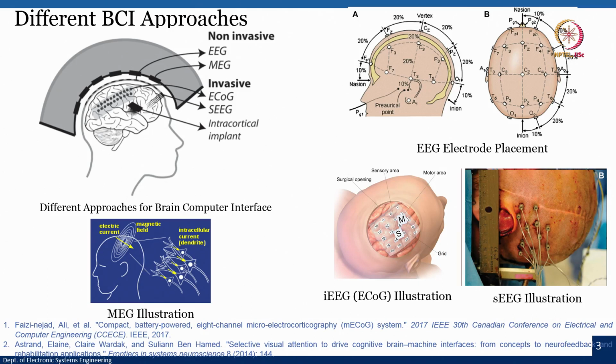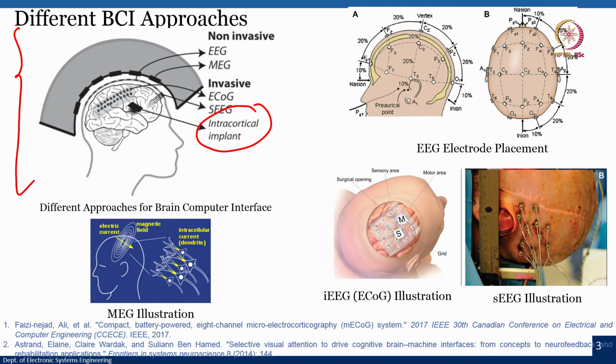So, these are different BCI approaches. What you see on the left side is non-invasive, when you go for EEG or MEG, but invasive when you go for electrocorticography or stereo EEG, that is, by implanting the electrodes inside the brain, and then the intracortical implant.